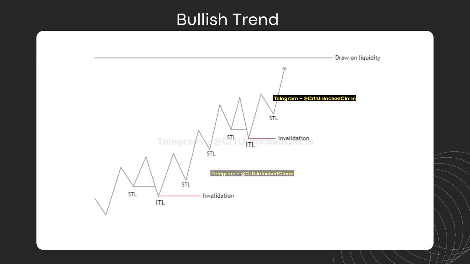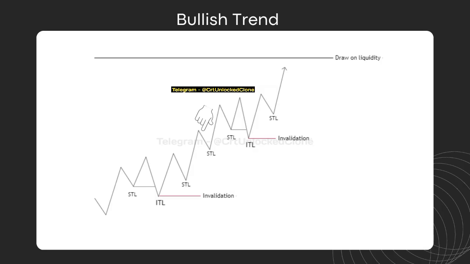It doesn't matter whatever high or low it is, every single high or low that price forms will be considered either a short-term high or a short-term low, right? So for instance, this low right here is a short-term low and that high is a short-term high, which means every high and low you see is either a short-term low or a short-term high. If it's a high, then it's a short-term high, but if it's a low, then it's a short-term low, right? So that's basically how we classify short-term highs and short-term lows.